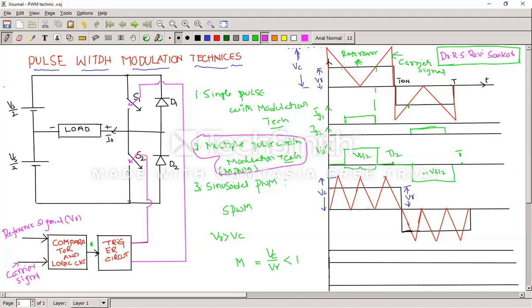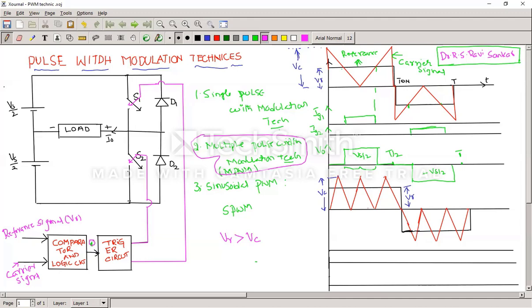Now we are comparing this triangular signal with the reference signal, which is rectangular. We write the logic in the logic circuit such that if VR, the ultimate reference voltage, is greater than the carrier signal, then the output is 1.